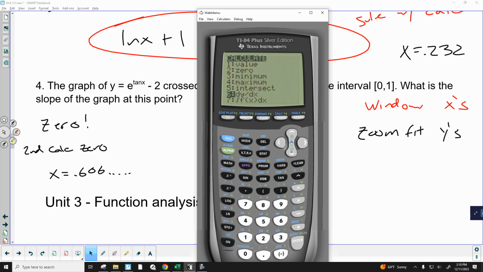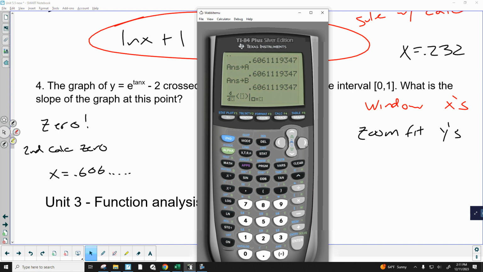I can say, find the derivative, and I can either type in the 0.606111 number, or I stored x as that value, or I stored a as the value. The answer I'm looking for is 0.2963. Again, you could probably do that in your home screen, math 8.